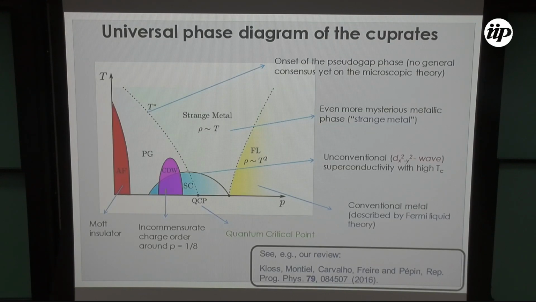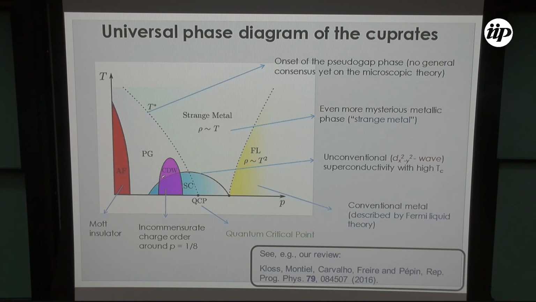Okay, so this is the universal phase diagram of the cuprates. As you all know, the cuprates exhibit a plethora of phases. So here at low doping, you have the Mott insulating phase. Here you have the pseudogap phase, which onsets at T star here.